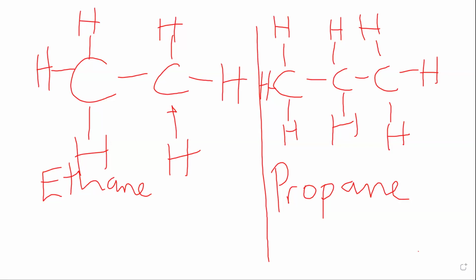Okay, Hannah, thank you. It is 12. Some people are giving me the atomic number, but I asked for the atomic mass. So the RMM of carbon is 12. And then for hydrogen, what is the atomic mass for hydrogen?